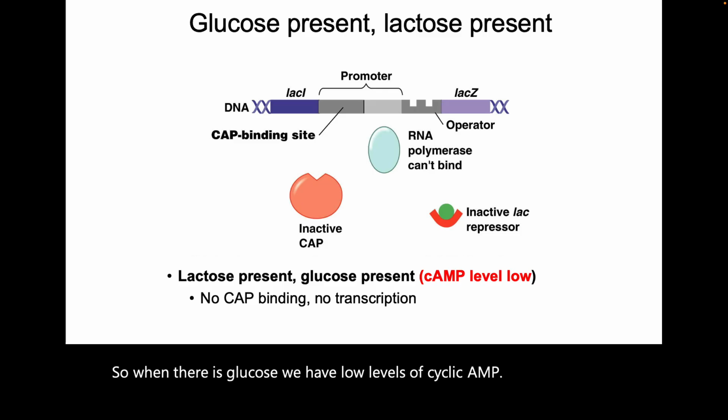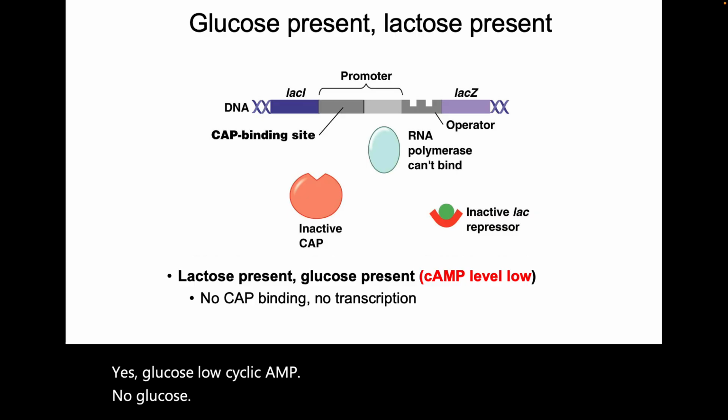Yes, glucose, low cyclic AMP. No glucose, higher cyclic AMP. So what cyclic AMP does is it activates a protein called CAP, catabolite activator protein.